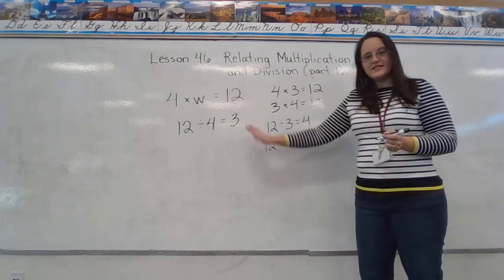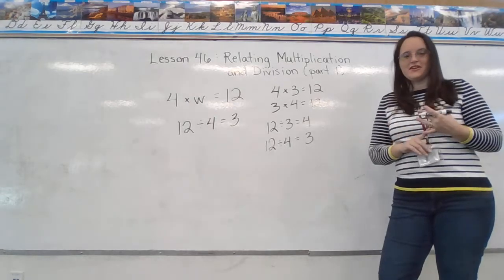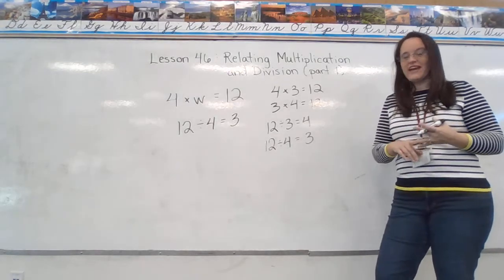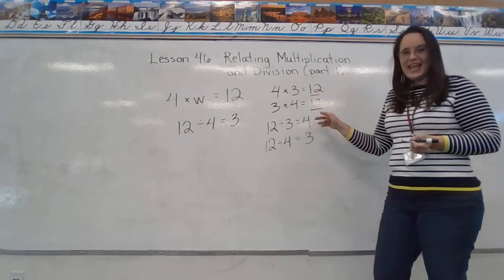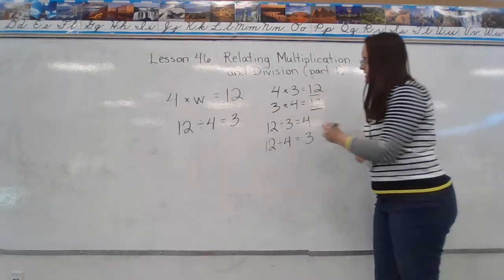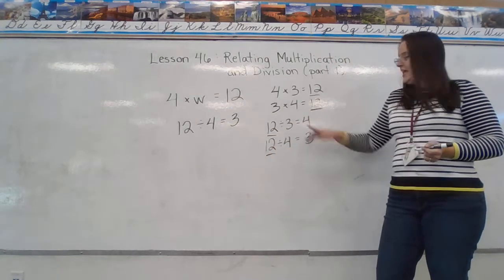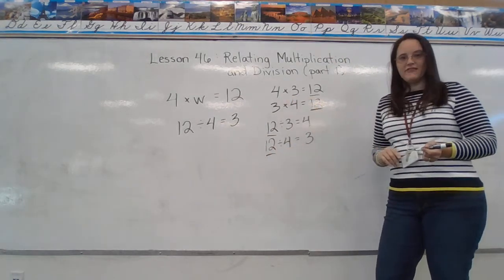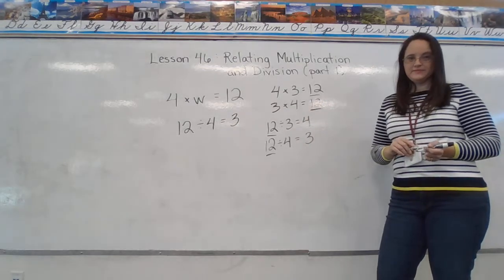There are a lot of the same patterns here as in the addition and subtraction fact family. Our big number is at the end of a multiplication problem, and it's at the beginning of a division problem. And then we flip-flop our factors here, and we flip-flop them here as well.